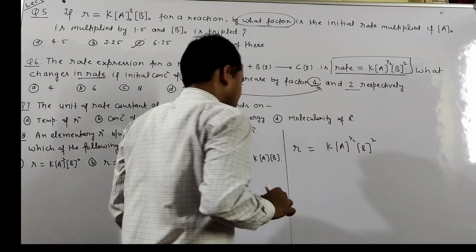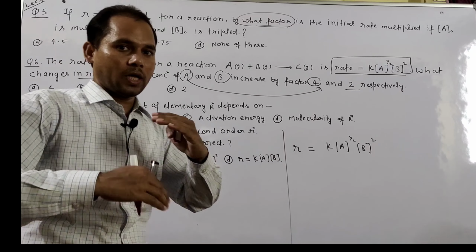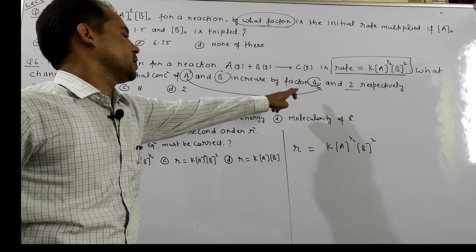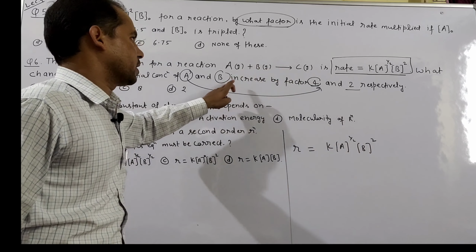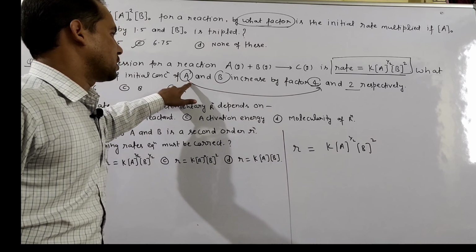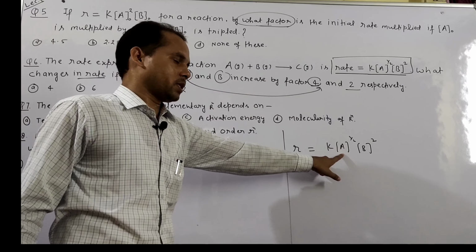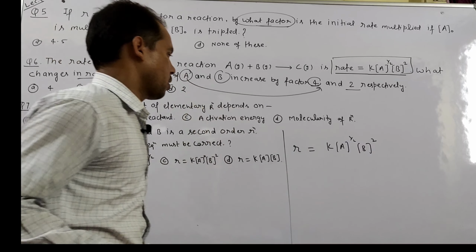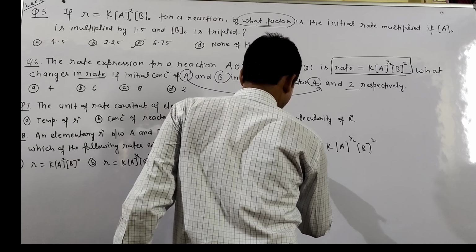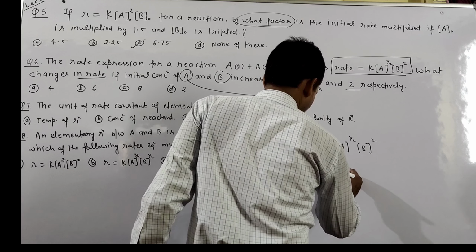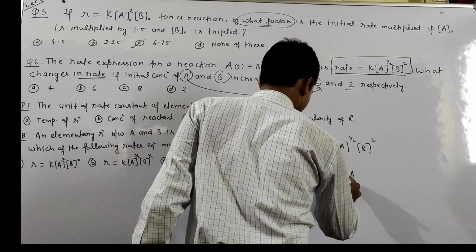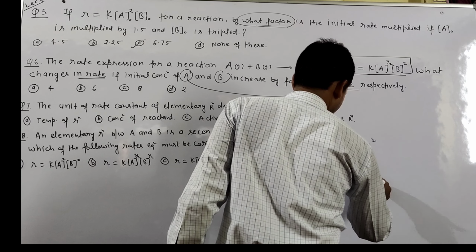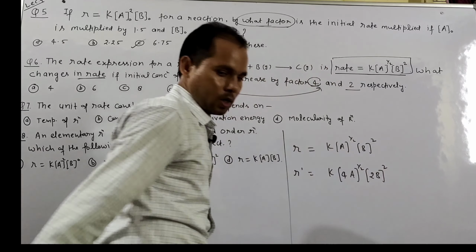Now the new rate, when the concentration of A is increased by factor 4 and B by factor 2. Initially it is A, and if we increase by 4 it becomes 4A. So the new rate is r dash equal to k into 4A to the power 1 by 2, and in place of B we put 2B to the power 2.